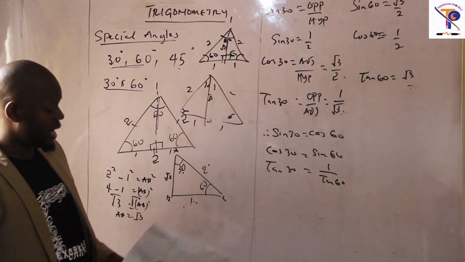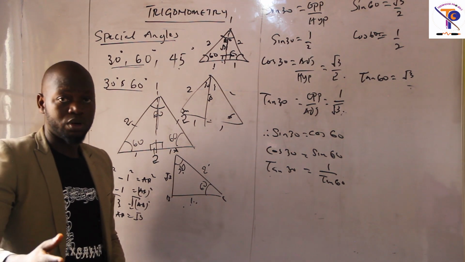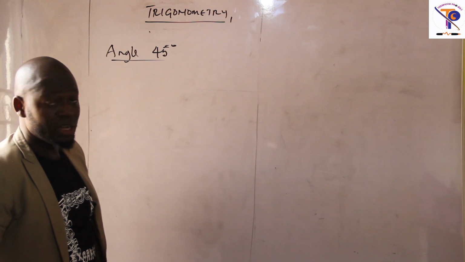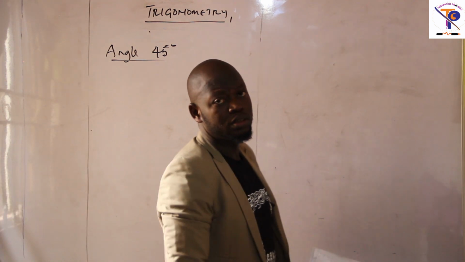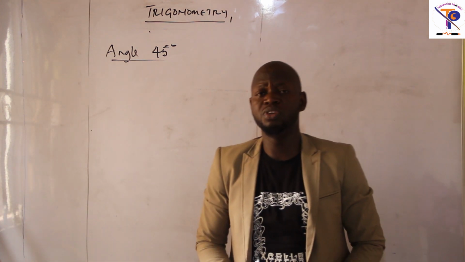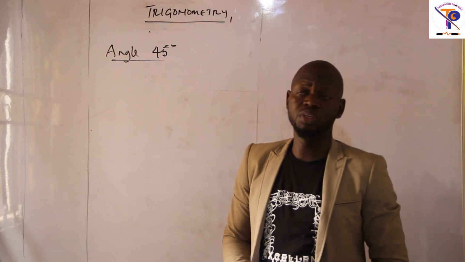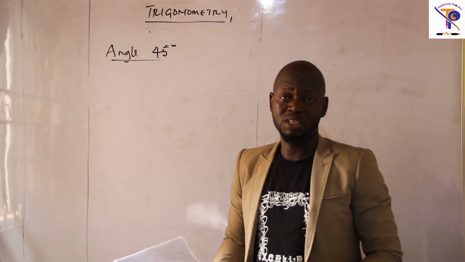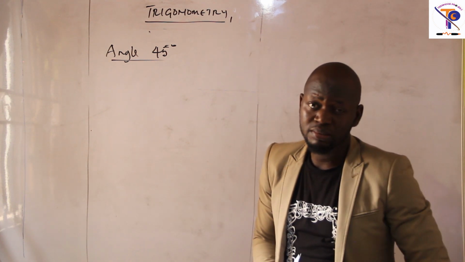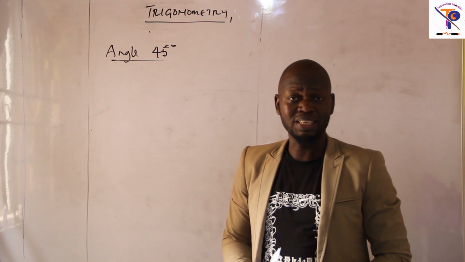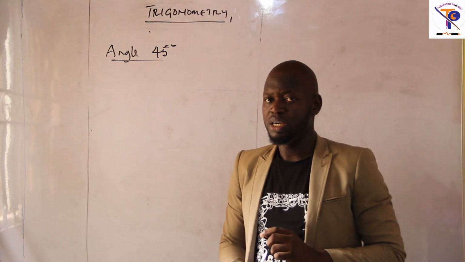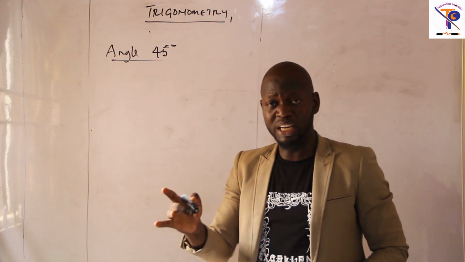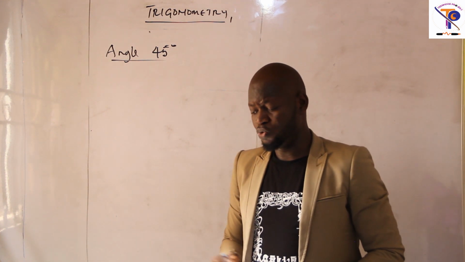So before we check this out, like a classwork, let's check 45 immediately. To get 45 degrees, we should ask ourselves which of the triangles would definitely give you 45 degrees automatically. Then I'm looking at a right angle triangle that is as well an isosceles. I told you that a right angle triangle can as well be isosceles and can as well be scalene.